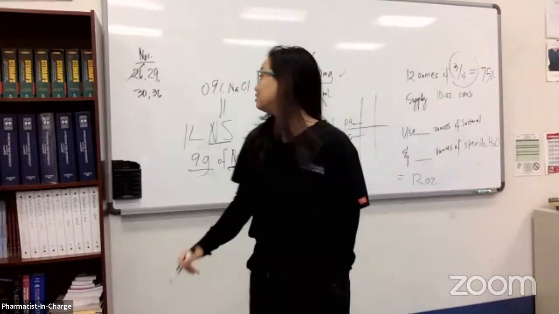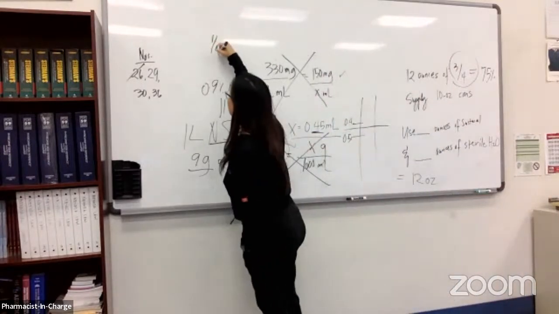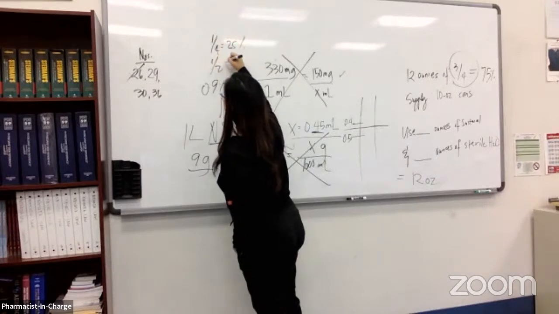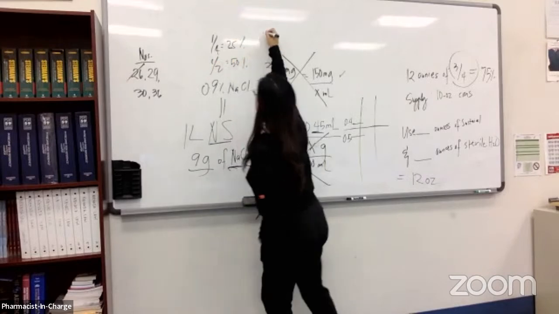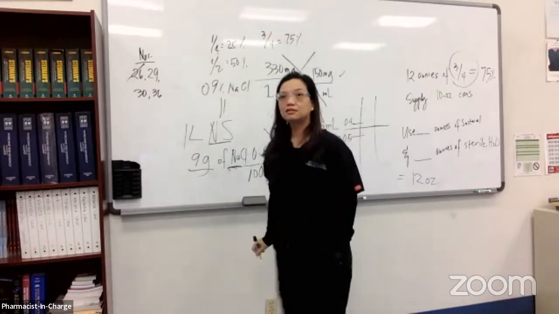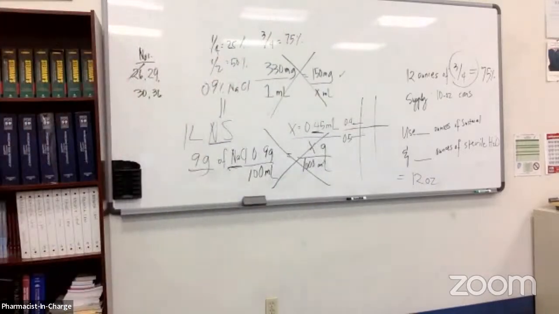You have to know that 1/4 is 25%, 1/2 is 50%, 3/4 is 75%, and 1 is 100%. There are factors now.